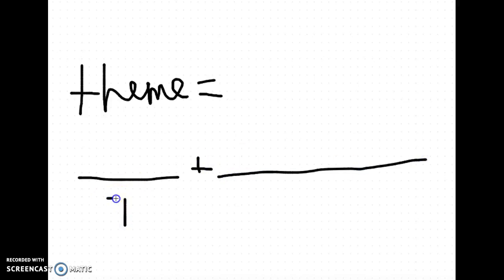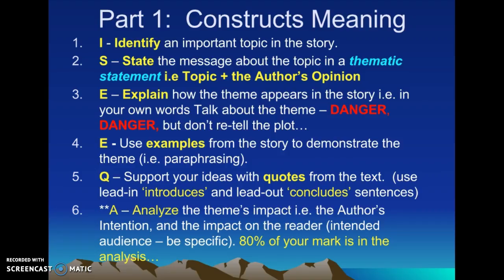So topic plus author's opinion about that topic, okay? So violence or poverty or choices, and then what the author is saying about those topics. That's a theme, okay?